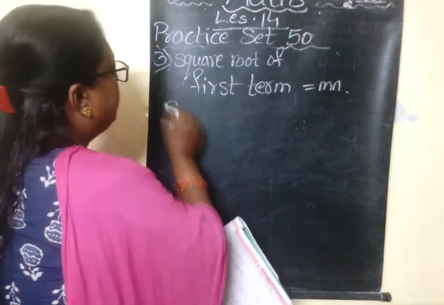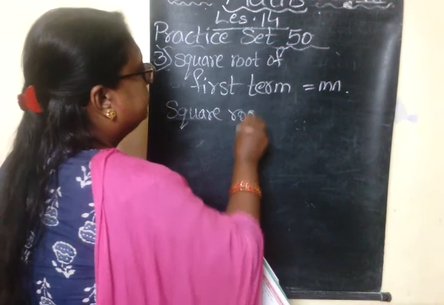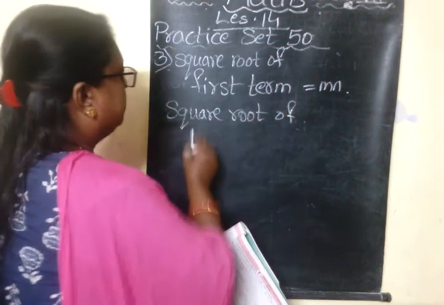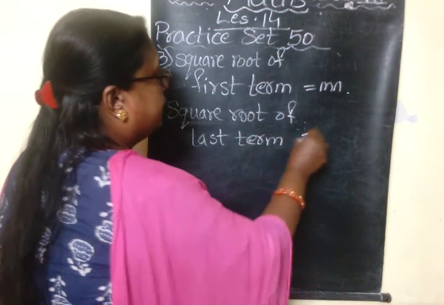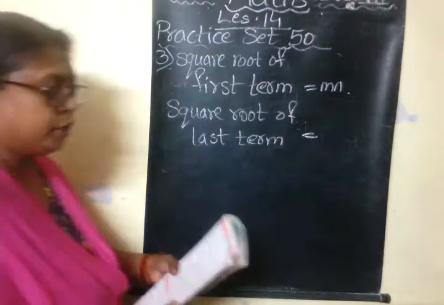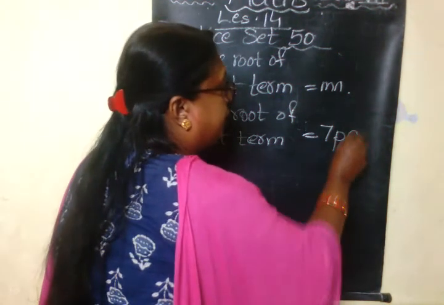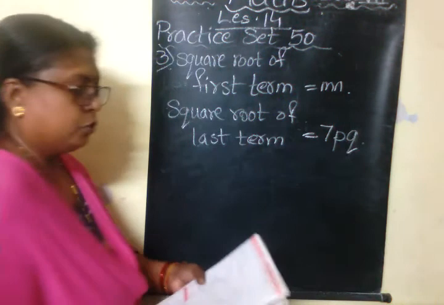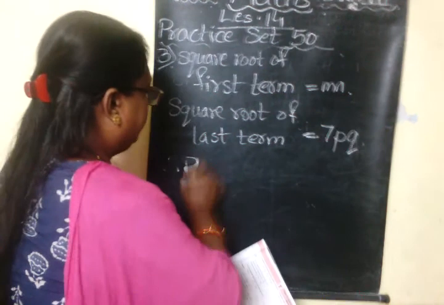Then square root of last term, it comes to be 49. Now 49 is square of 7. p square means 1p and q square means 1q. So that is 7pq.